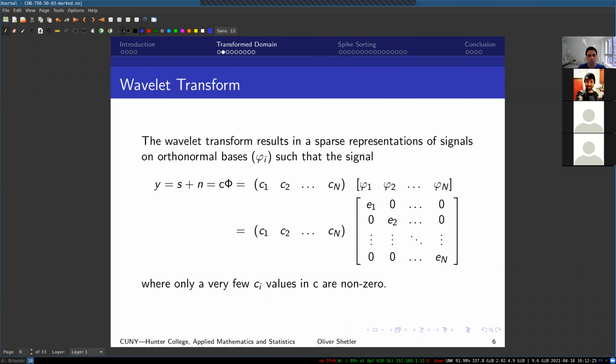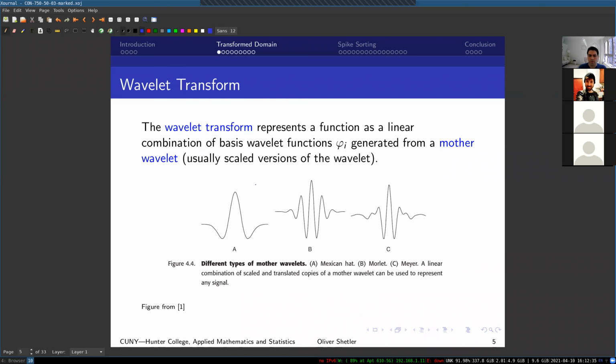The wavelet transform results in a sparse representation of signals as an orthonormal basis. Basically, you have these scaled versions of these wavelets, right? So you're going to have one that looks like this, and then you might have one that's scaled to a higher time scale like that.